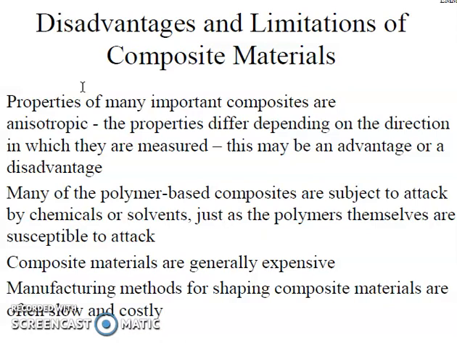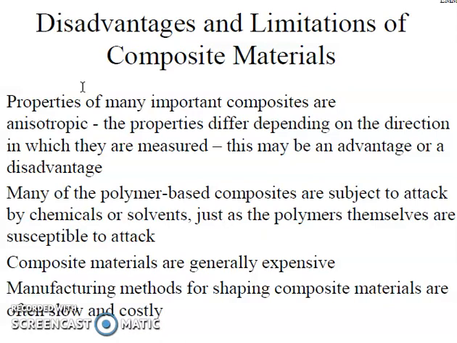Many of the polymer based composites are subject to attack by chemicals or solvents. Polymers themselves are susceptible to attack, so they deteriorate, or there is a drastic reduction in properties when they come in contact with chemicals or solvents. Then composite materials are greatly expensive, so cost is again considered a limitation.